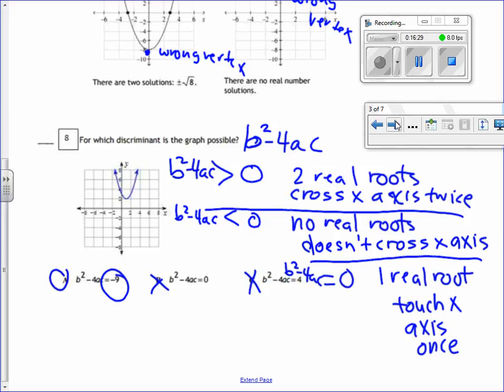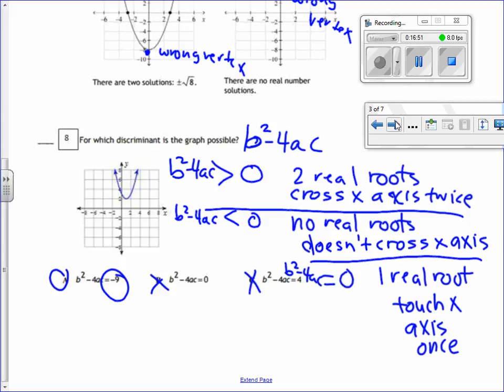This is an example. If you find the discriminant, and they're just saying, if the discriminant is, well, let me back up. If you have this case right here, this means that there's no real solutions. Do you agree? Because it doesn't cross the x-axis.